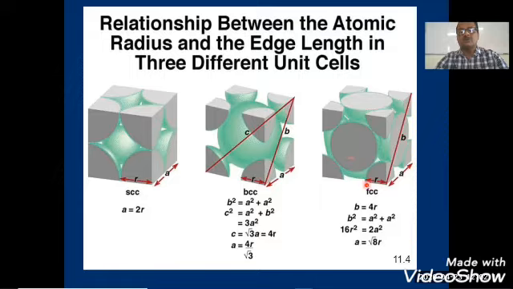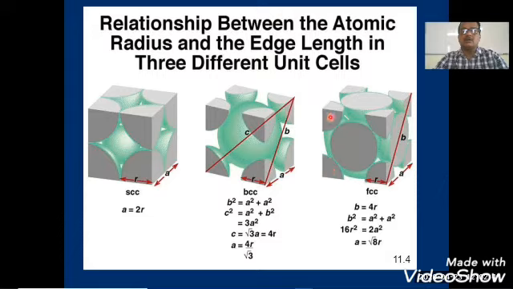So from this picture it is clear that unlike in simple cubic unit cell where units touched each other along the edge, here in FCC unit cell the units are not touching each other along the edge. The units are touching each other along the face diagonal. So this unit at the corner and this unit at the corner, they are not touching each other.